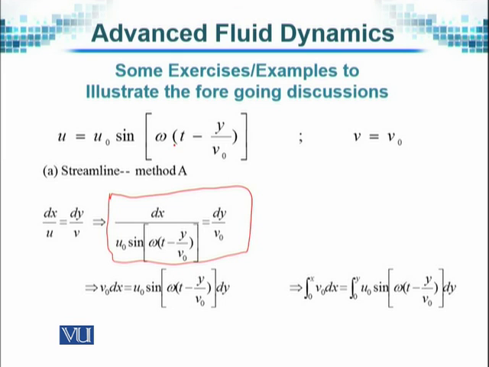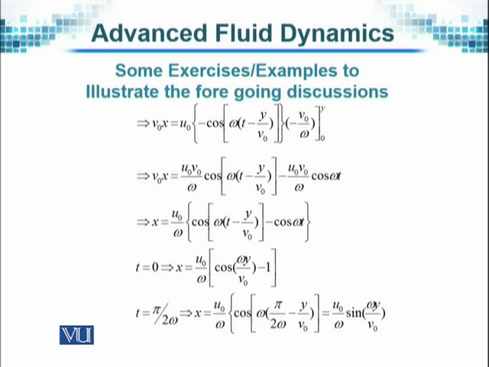It is a mere substitution of the values, and here for v we write v naught, so no variable occurs on this side. Again, by cross multiplying, we write it in this form, and then we integrate from 0 to x on the left hand side, and on the right hand side, since there is a y variable, we integrate from 0 to y.